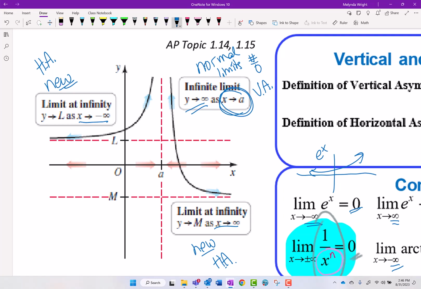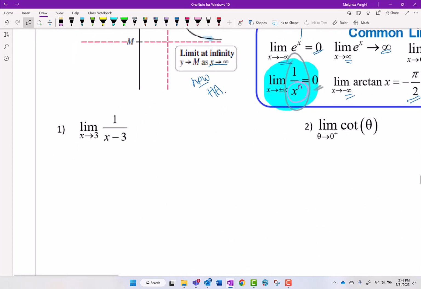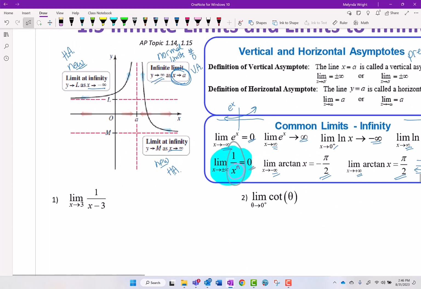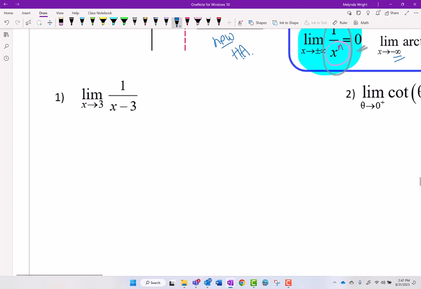Okay? So now let's look at these here. These first two are from our normal business. This is the number over zero, guys, which we did before. I'm just going to automatically split it and use a limit law. Limit as x goes to 3 of 1 is 1.